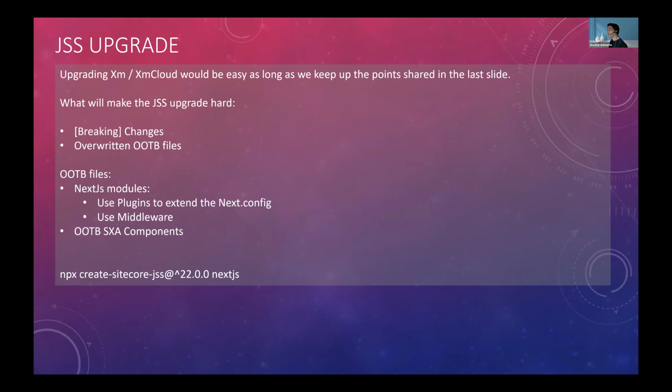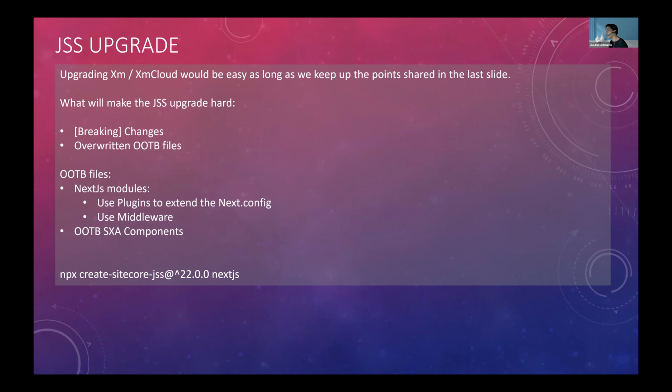I will try to apply my learning and the practices that I collected with the xmCloud also for the XM or XP projects. For the JSS, if we think about that, what makes the JSS upgrade hard? I'm pretty sure that everyone has done at least one upgrade, and it is a time-consuming process.